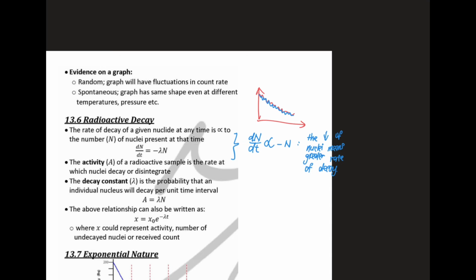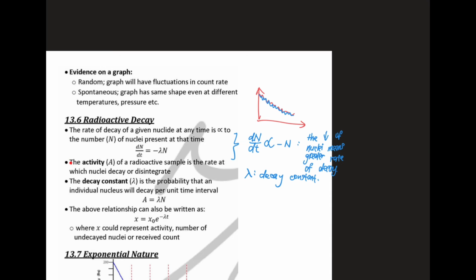Inversely, as you can see, when this is negative, then this is increasing. When this goes down, this one will go up. Then after that, you can see lambda come in. So lambda is known as the decay constant. Okay, decay constant.